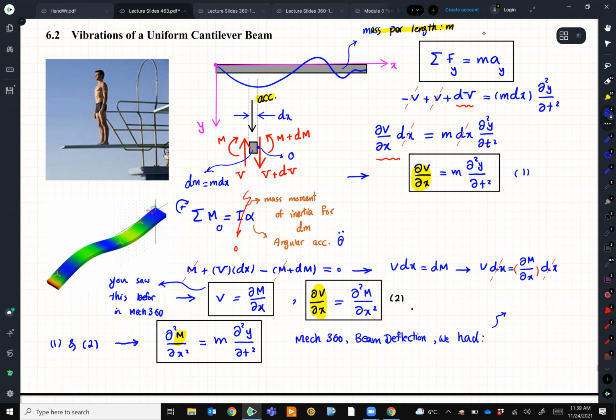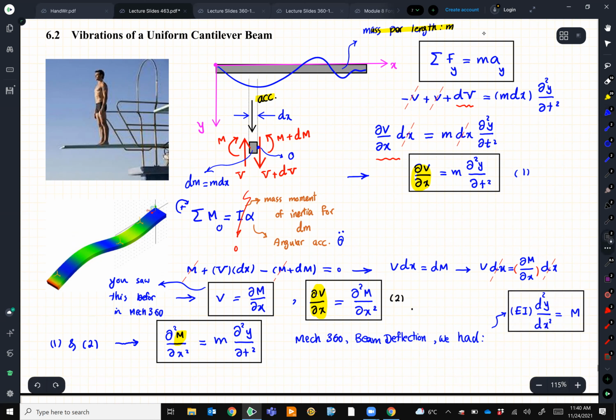It was EI multiplied by the second derivative of y with respect to x squared equal to M. So again, if you forget 360, doesn't matter, but it is just so that we didn't magically bring it up. It is from some previous knowledge. Or if you did your MEC 360 or solid mechanics somewhere else, this is an acceptable relation, which we prove in MEC 360, but not here.